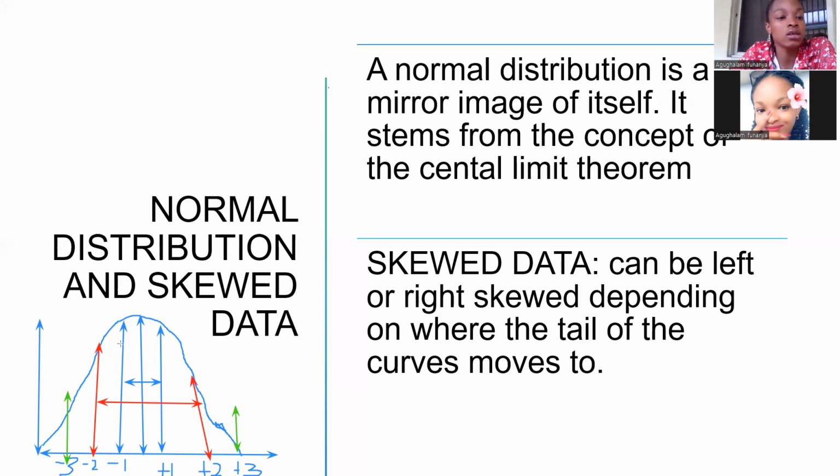So now what is the importance of standardizing our normal distribution? Say for instance, you go to a class and you want to assess the not so bright students in the class, who are kind of bragging.